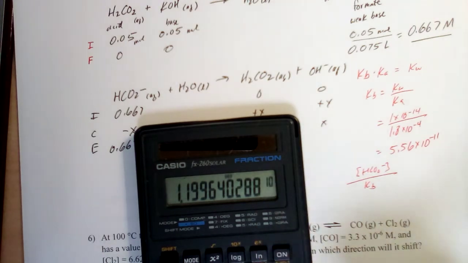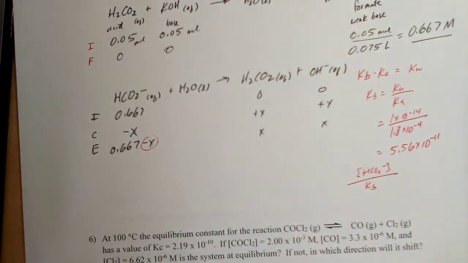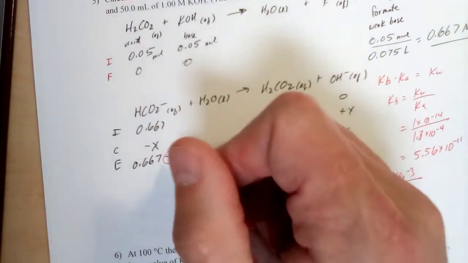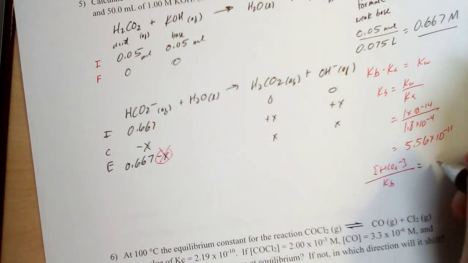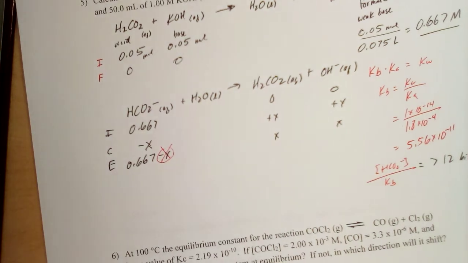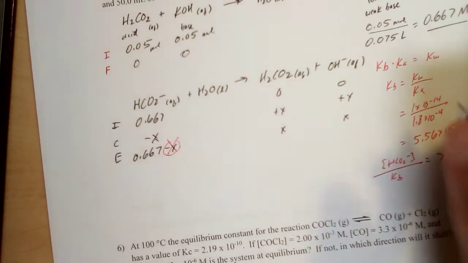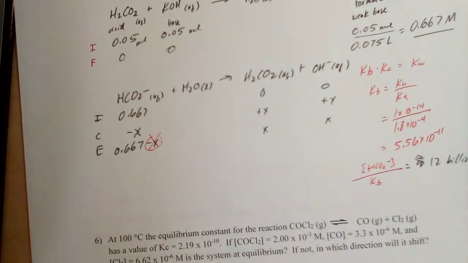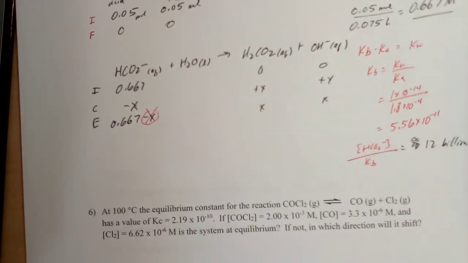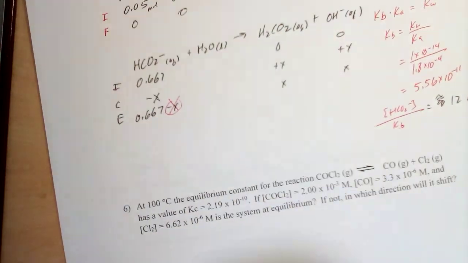So that's 12 billion. That's a little higher than 1,000. So yes, this is a pretty good assumption. I rounded it up, but it's approximately 12 billion for that particular evaluation of the constant. So certainly good to remove that x.